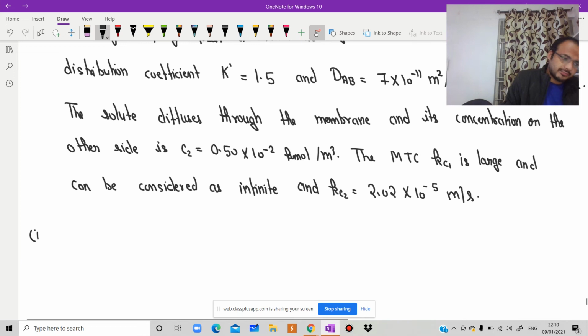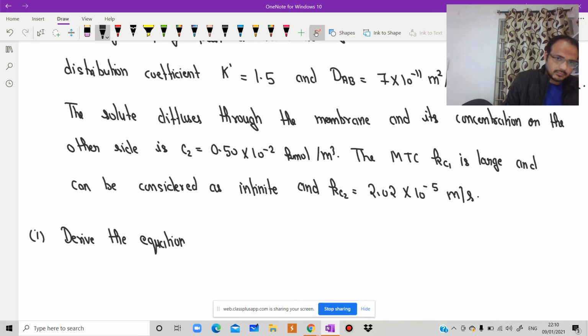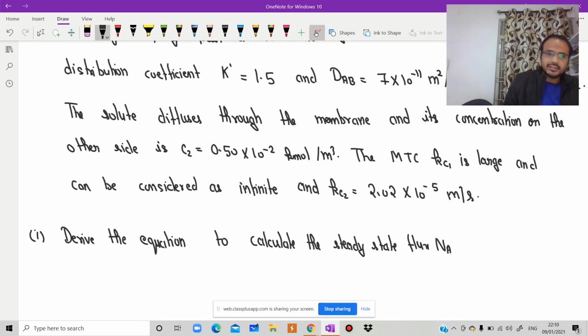Write down the first part. Derive the equation to calculate the steady state flux Na.